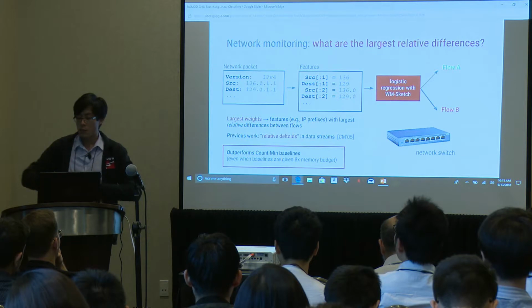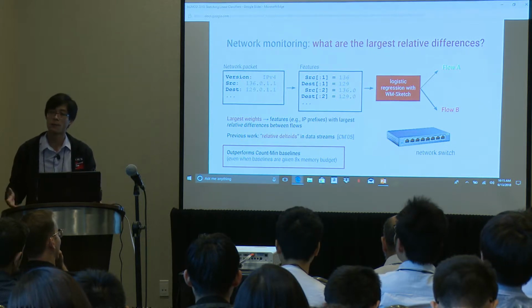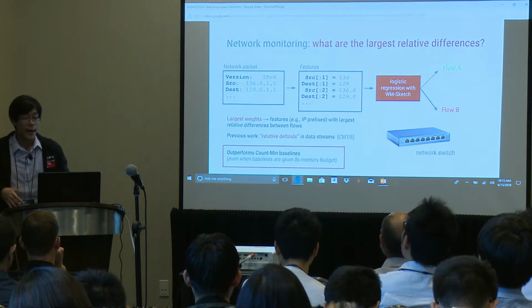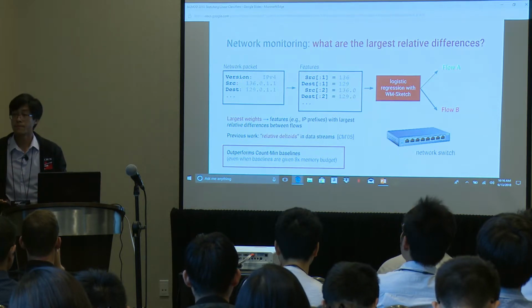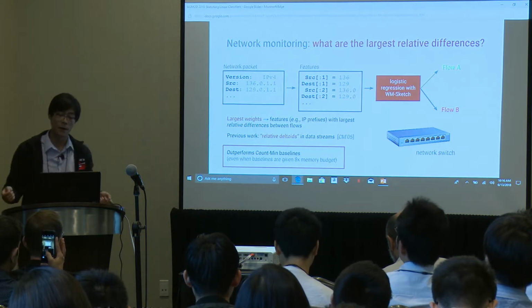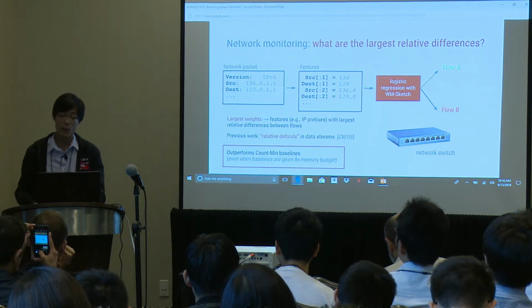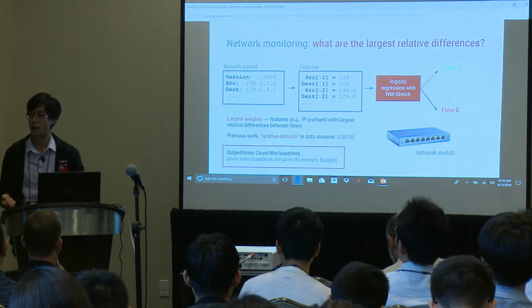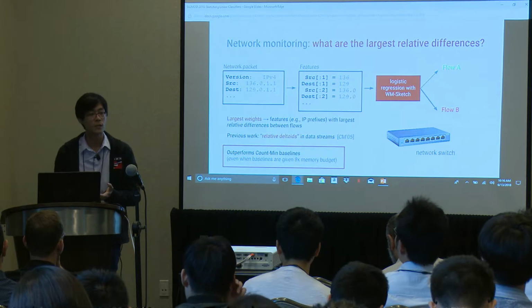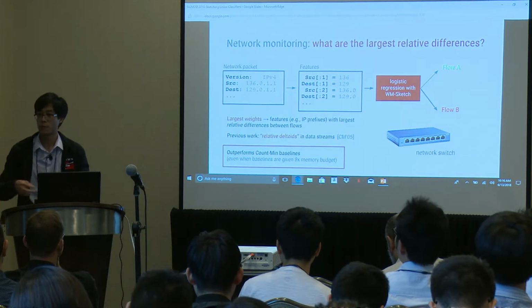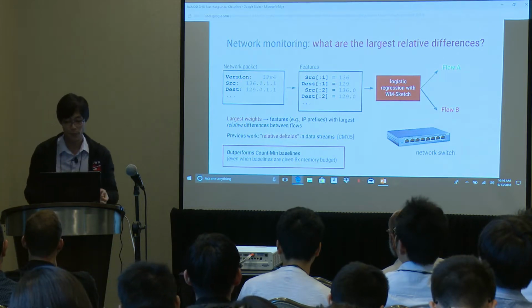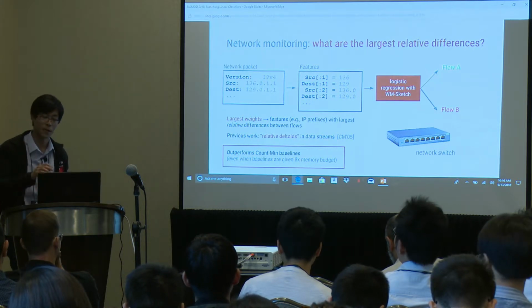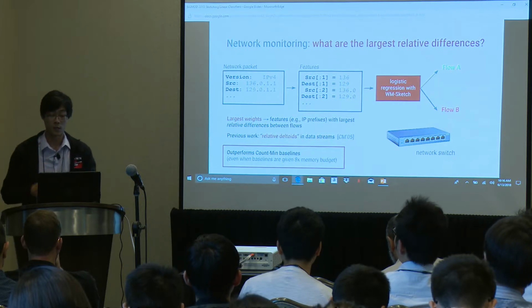Now it turns out that we can just cast this stream processing problem, which has been previously studied back in 2005, as a classification problem. And we can train a classifier that's compressed using the sketch. And then we can look at which features are assigned the largest weights in the classifier. And it turns out that the largest weights correspond to the features with the largest relative differences between these two streams. Okay? And we can show that this simple classification-based approach outperforms a count-min-based baseline by a significant margin.